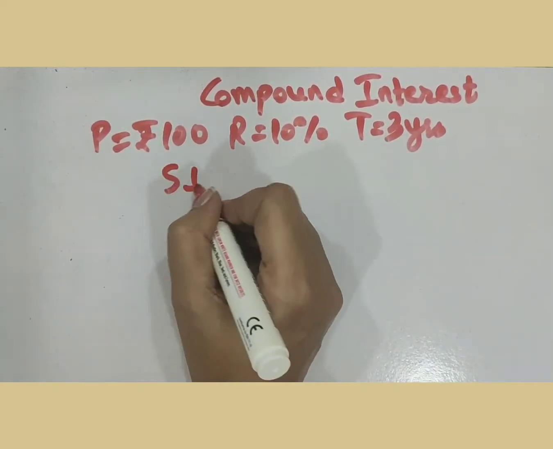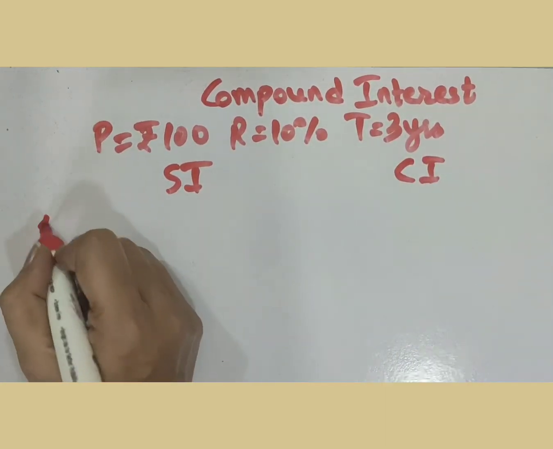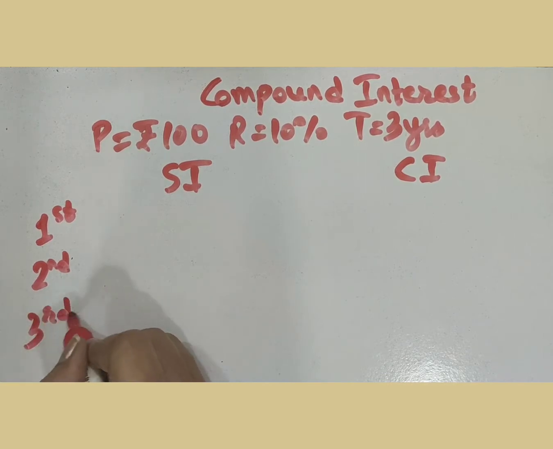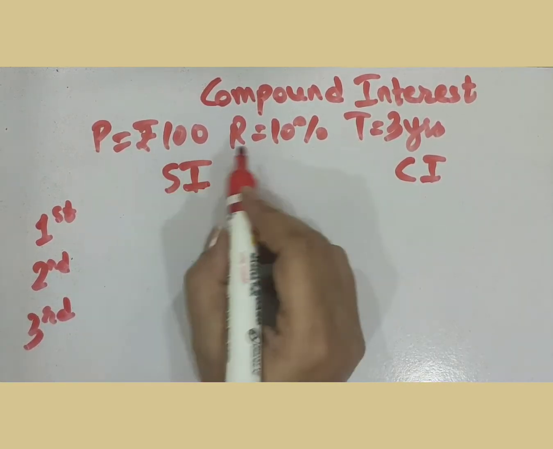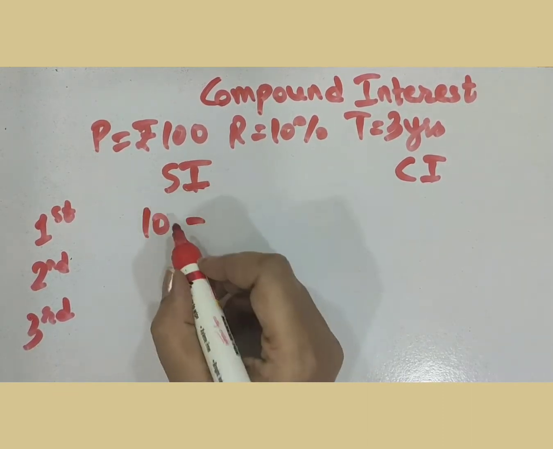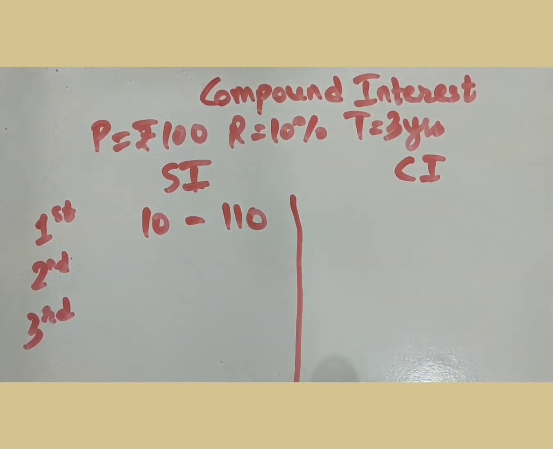First we will calculate simple interest, and we are going to calculate compound interest for the first year, second year and third year. If I calculate simple interest at 10%, the interest will be 10, and if I add and get the amount, it is going to be 110 for the first year.